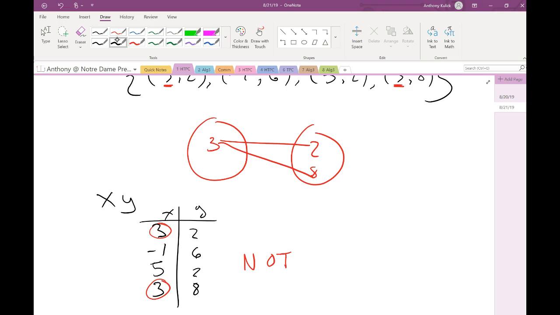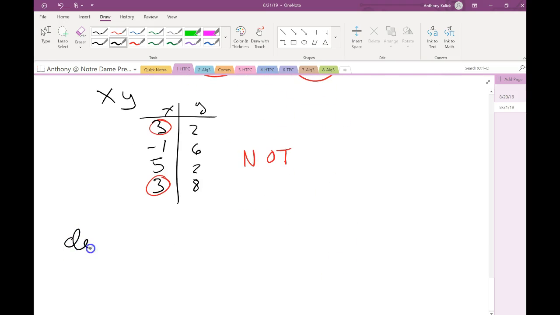If it doesn't look like something from Algebra 3-4, you should be a little suspicious about it. And then probably your best check is to just try to graph it on your calculator to see if you can use a vertical line test on it, if you're in doubt. Time for a new definition.